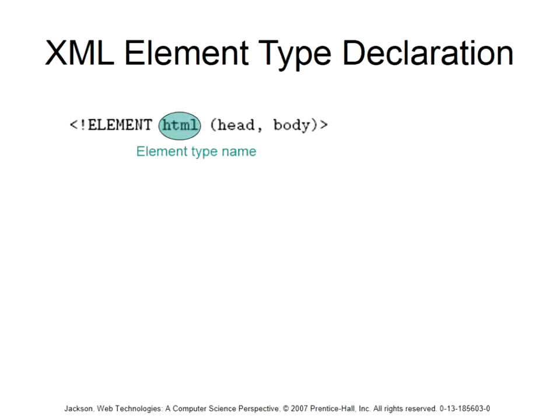So when we write element HTML head body, this is the element type name. That means we can find an element with the name HTML.